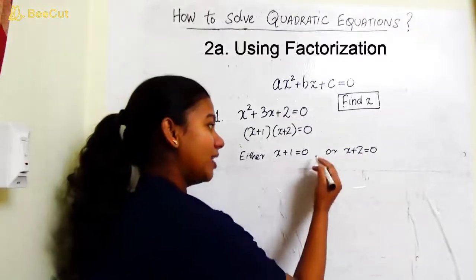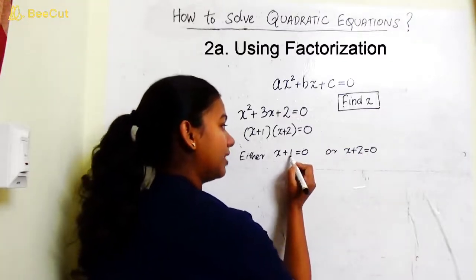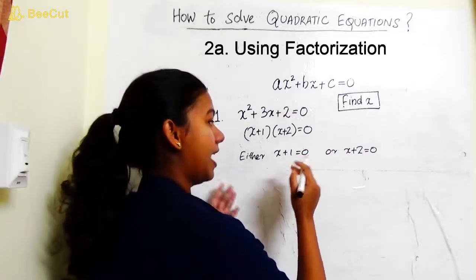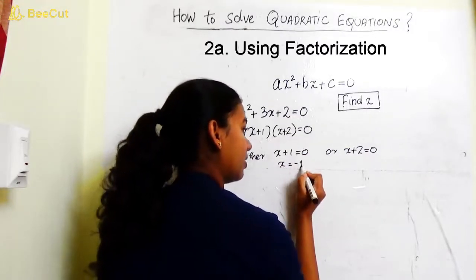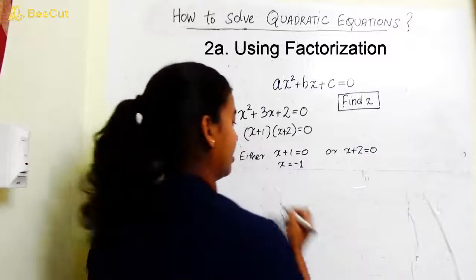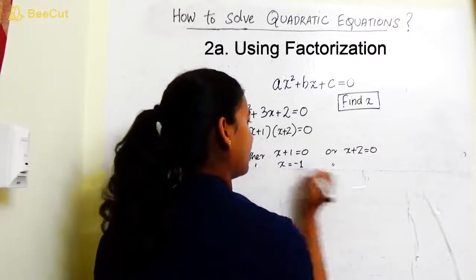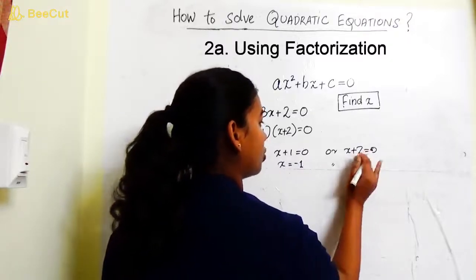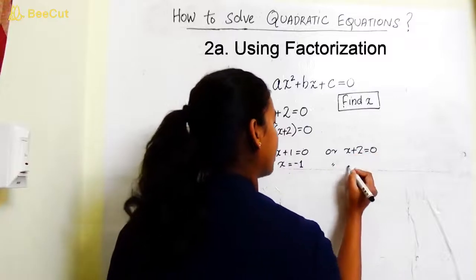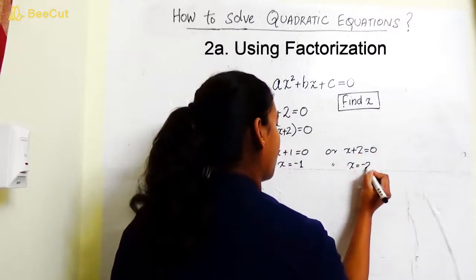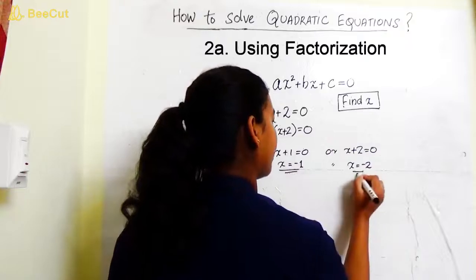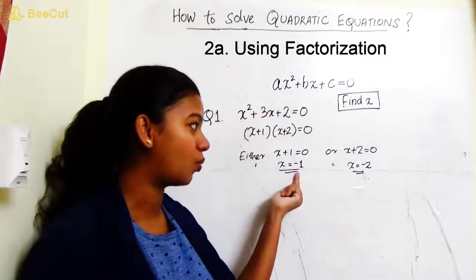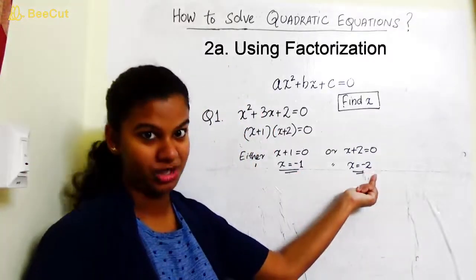If x plus 1 equal to 0, if I bring this 1 from the LHS to the RHS, it will become minus 1. So x equal to minus 1. Or if I bring this 2 from the LHS to the RHS, it will become minus 2. x equal to minus 2. So the answers are x equal to minus 1 or x equal to minus 2.